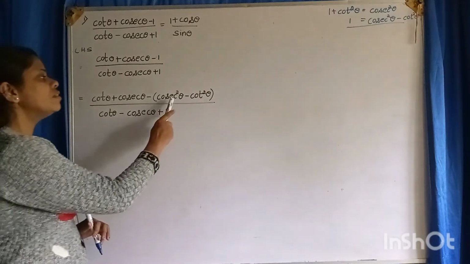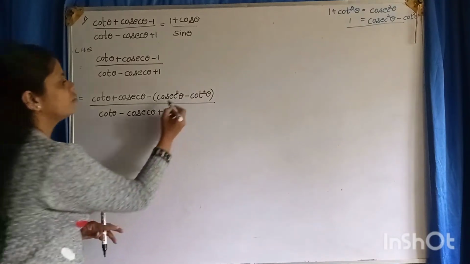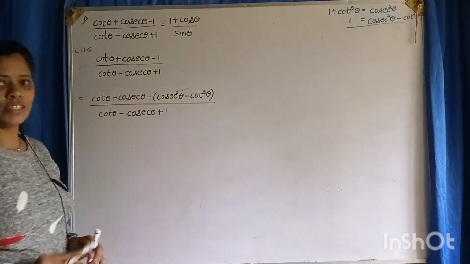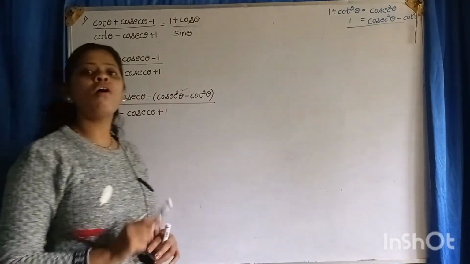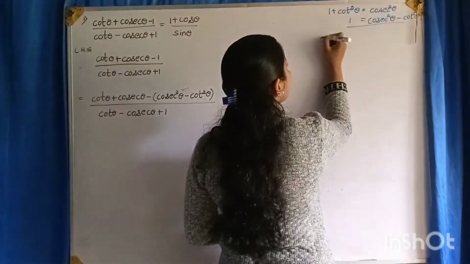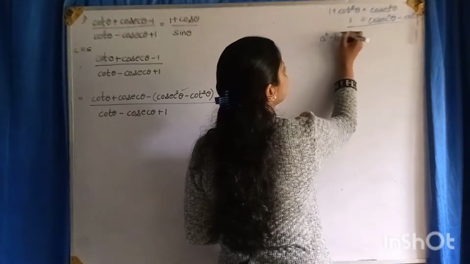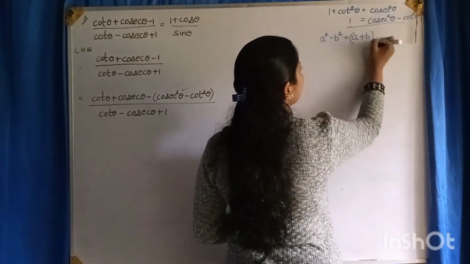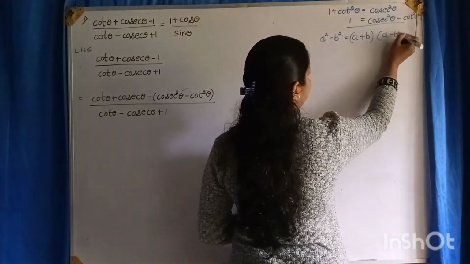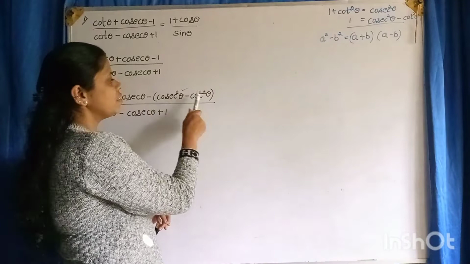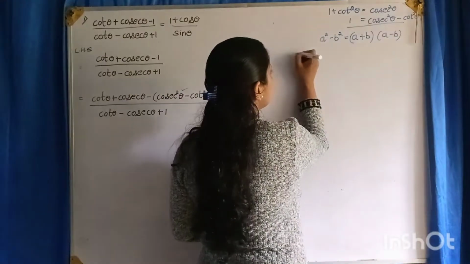Now observe this one. Okay. It is in the form of a square minus b square. And we know the formula of a square minus b square, that is a square minus b square is equal to a plus b into a minus b. So cosecant square theta minus cot square theta is what?